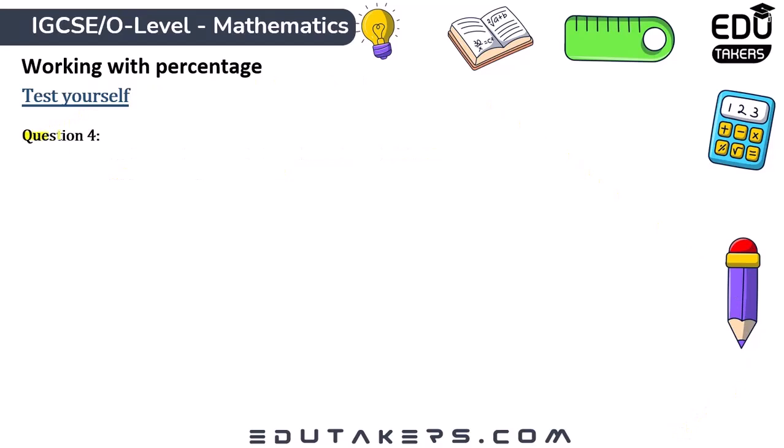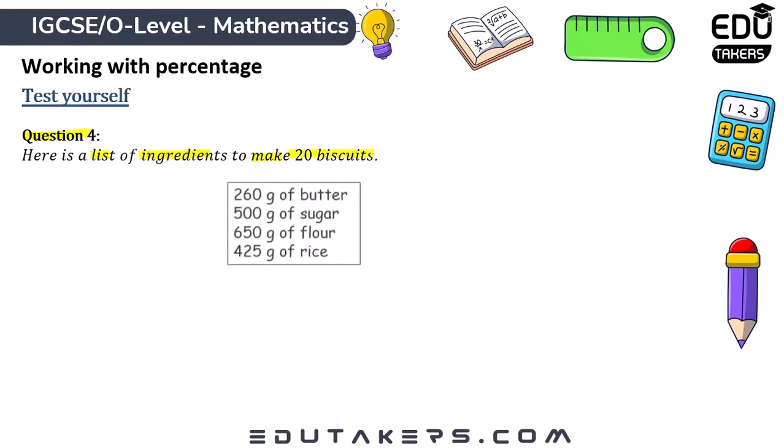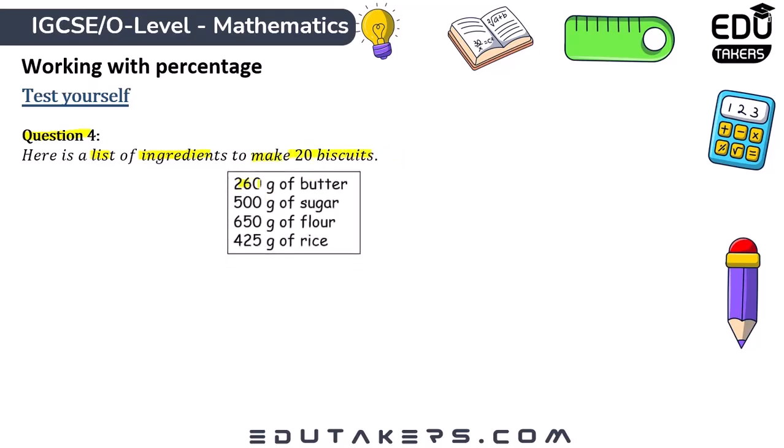Question number 4. Here is a list of ingredients to make 20 biscuits: 260 grams of butter, 500 grams of sugar, 650 grams of flour, 425 grams of rice. Find the mass of rice as a percentage of the mass of sugar.